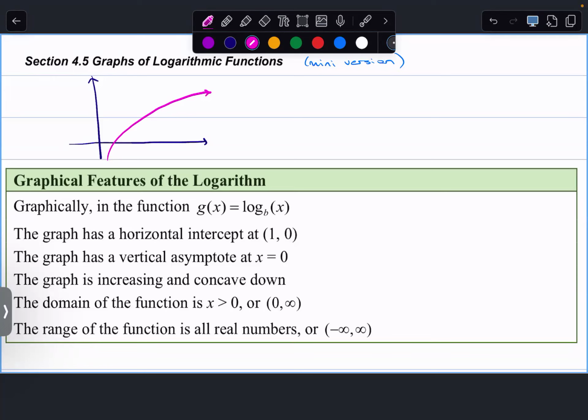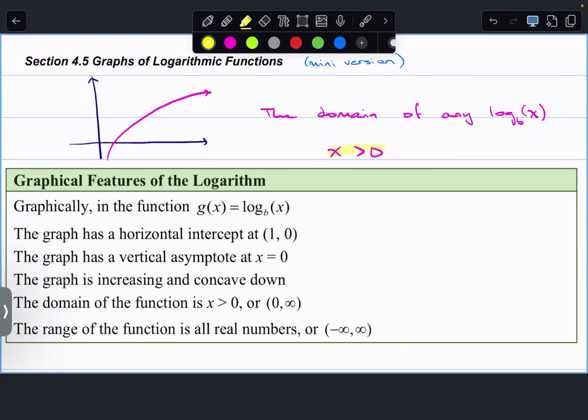And the domain of a log, the domain of any log of x, I'll do log base b, is that x has to be greater than 0.